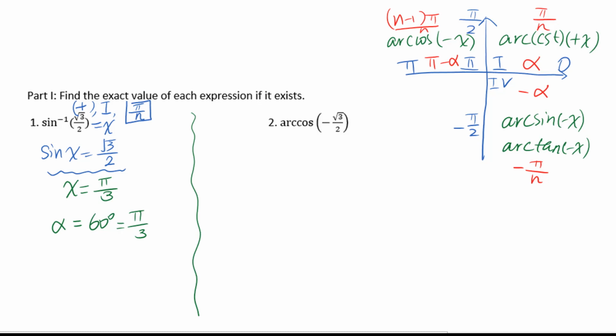Let's go to the second question. Arc cosine of a negative number will go to the second quadrant. For special angles, the answer will be (n minus 1) pi/n. Still, we make this equal to x. So we have cosine x equals negative square root of 3 over 2. The reference angle will be 30 degrees because cosine 30 equals the square root of 3 over 2.